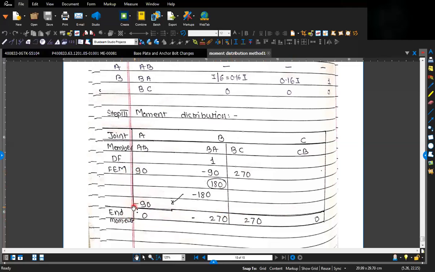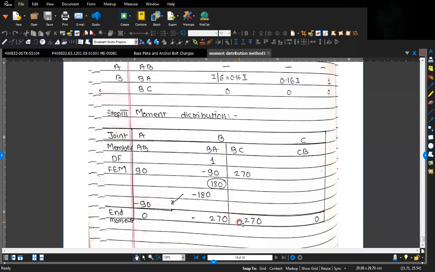After this first iteration, we make one line and then do the summation of the moment part. So 90 minus 90 is 0, here it is minus 270, and obviously it is 0. Now the main part is that we have to keep this joint in stable condition, so the summation of moment at a particular joint is 0.